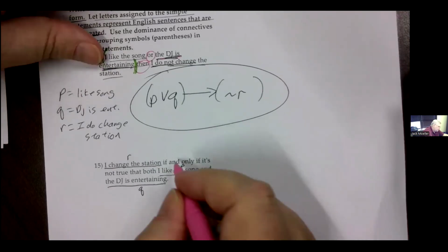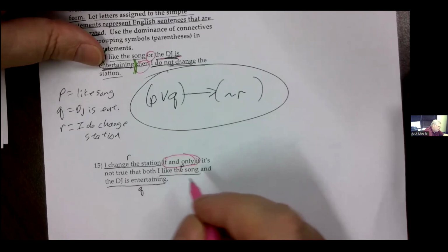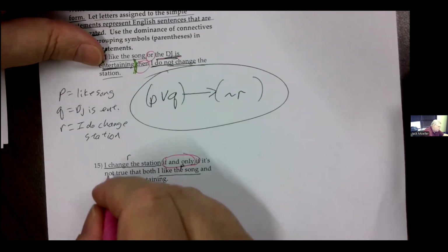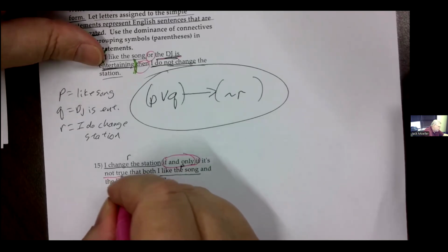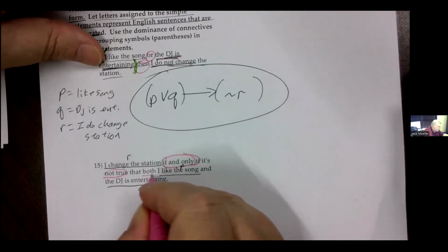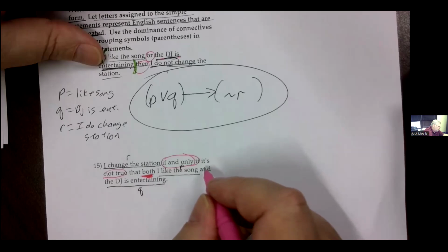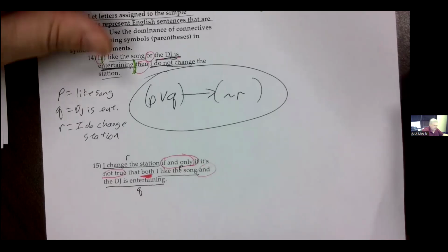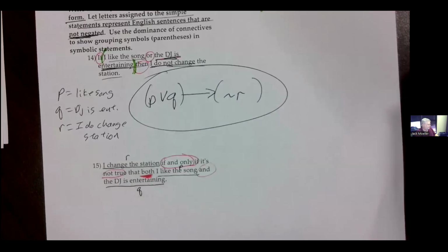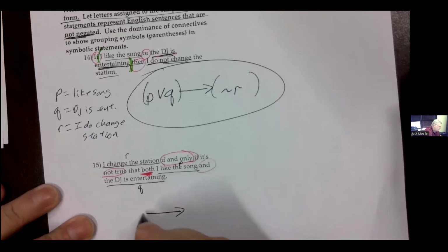So what are our connectives? We have an if and only if. Not true. Now, not true is not a connective, but it is a negation. That both is important. I like the song and the DJ is entertaining. All right. So the if and only if says you have a double arrow.